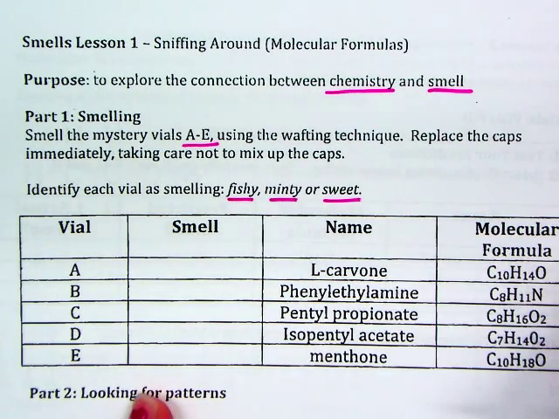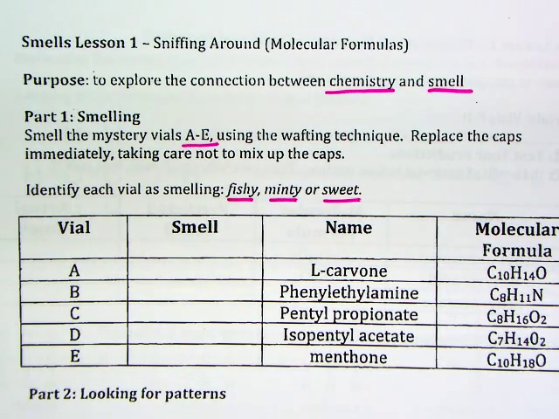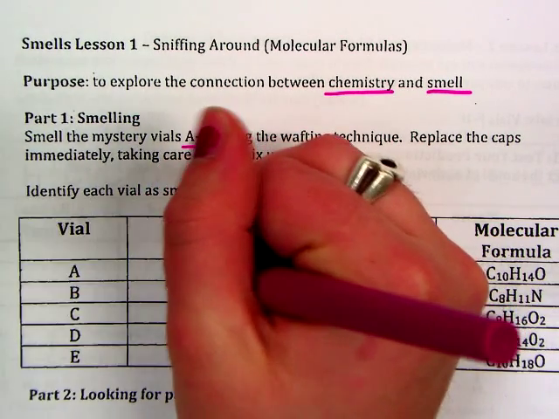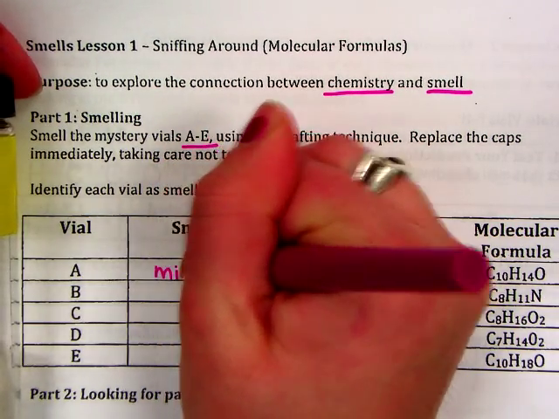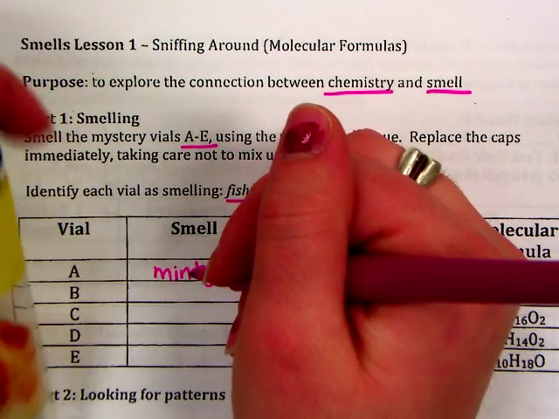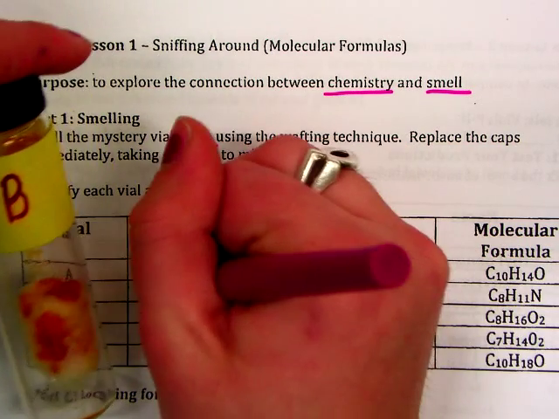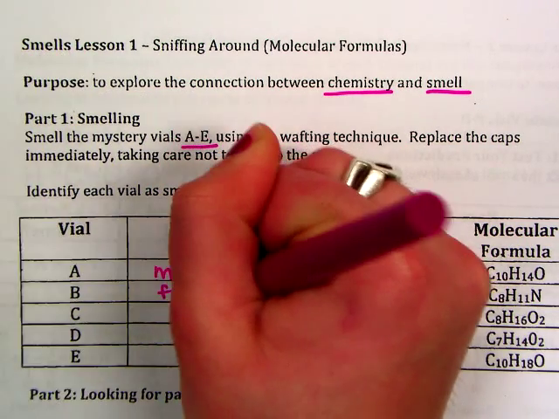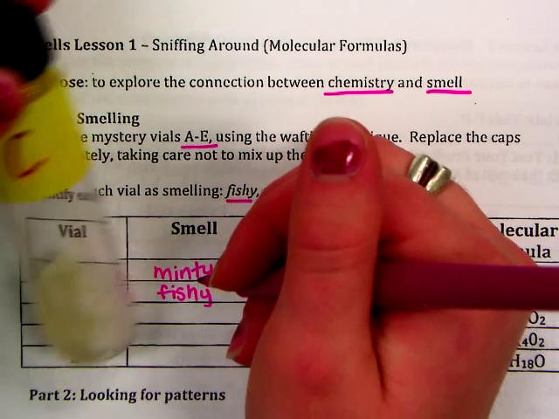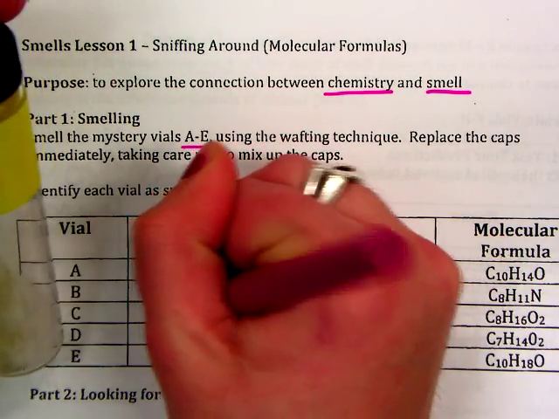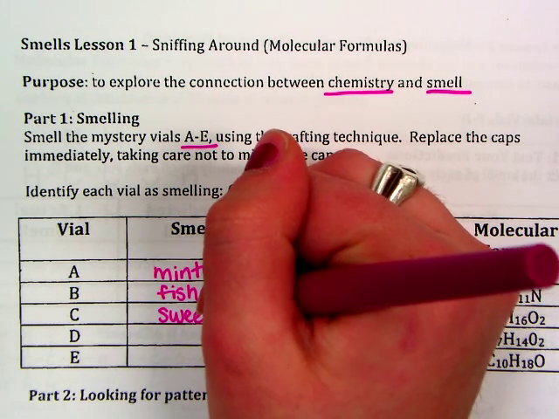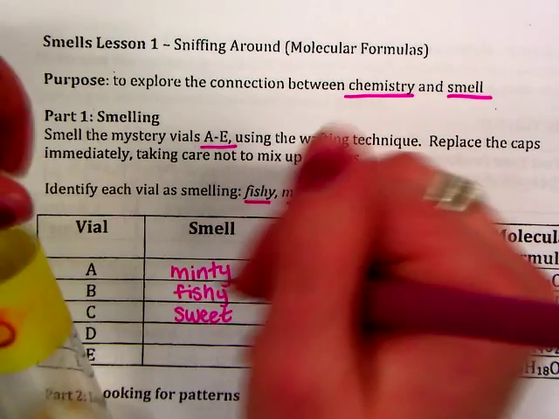I'm going to give you the results for each vial. Vial A, when smelled, minty. Vial B, when smelled, it smelled fishy, not a great smell. Vial C, when we smelled it, it smelled sweet. Vial D smelled sweet as well.